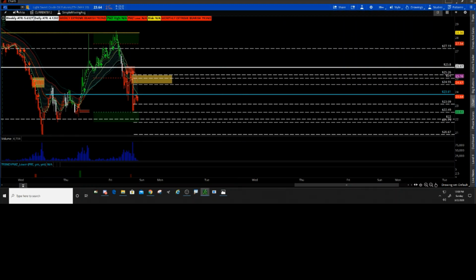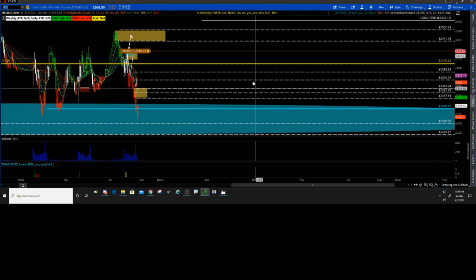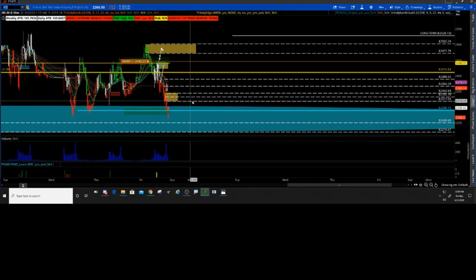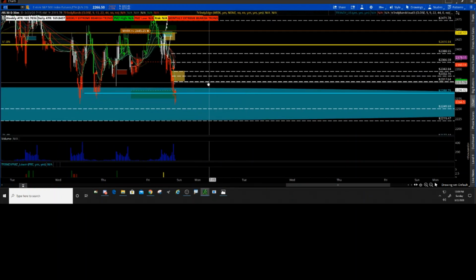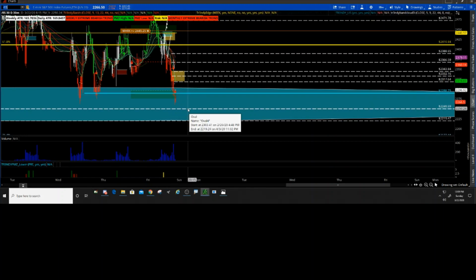Overall, looking at the sentiment, I have no idea. I'm not a fortune teller. I'm here to show you a process, and we use that process methodically and sequentially. If this, then that. If price breaks above the line in the sand and does this, then we're going for that. If price breaks below the line in the sand and does this, then we're going for that. Very straightforward.